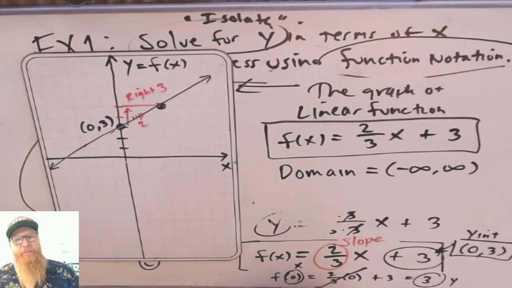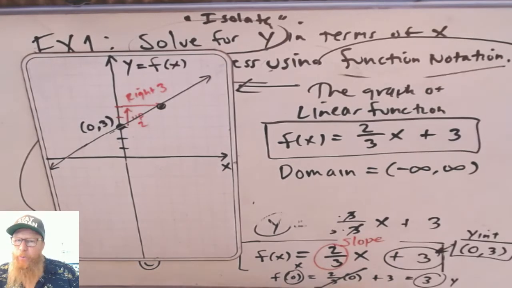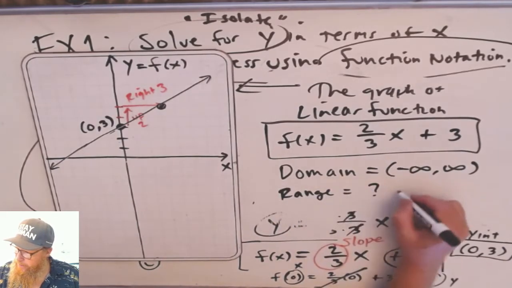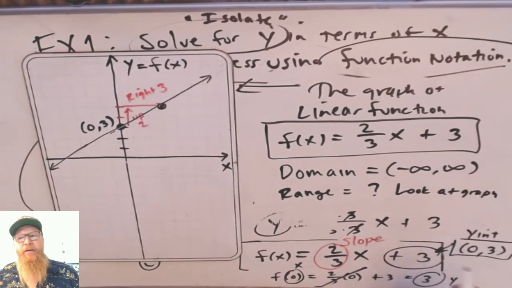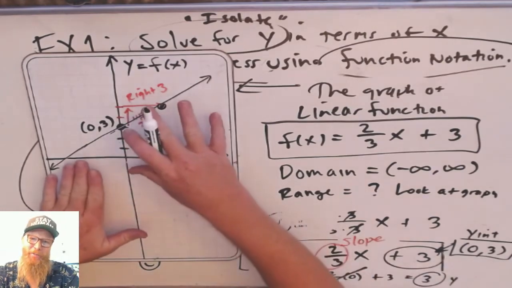The domain, negative infinity to infinity. Yeah, that's a free answer all day long. 100% free. The range is not free. You just look at the graph. Although it's kind of free, but you should still look to be sure.